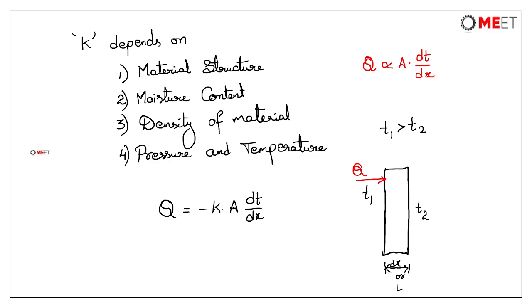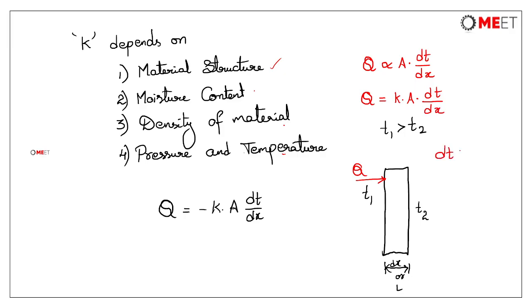In order to remove this proportionality, we introduce a constant called the thermal conductivity of the material, which is a material property. It depends on the material structure, moisture content, density, as well as pressure and temperature. So, we can write Q is equal to KA into dT by dx.